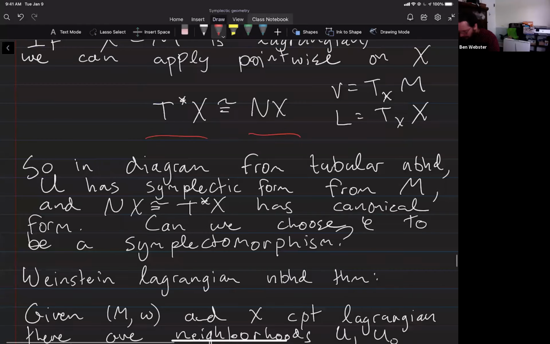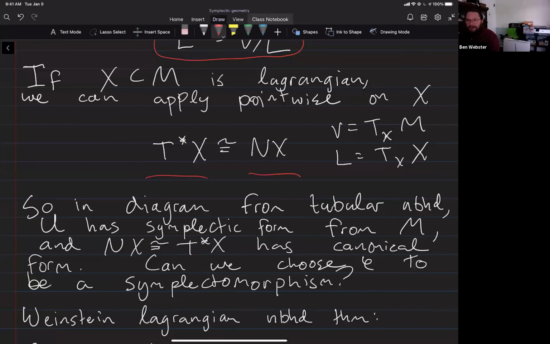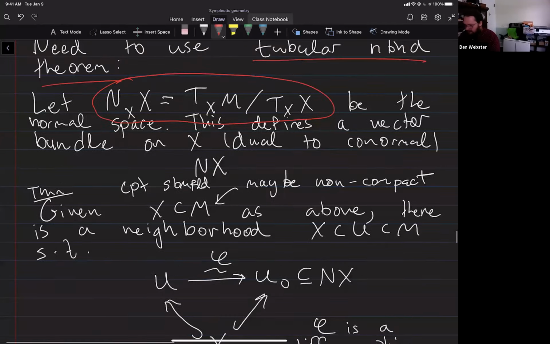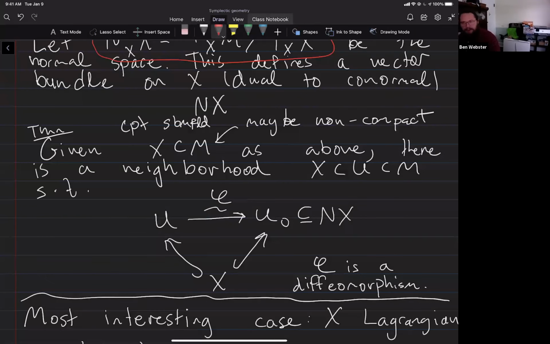But I'll just mention, this is only a diffeomorphism. So we can pull up this diagram from the tubular neighborhood theorem, and we have a theorem that there's a diffeomorphism here.